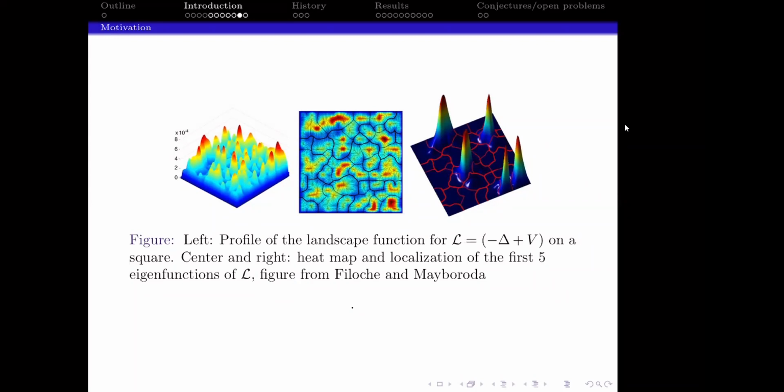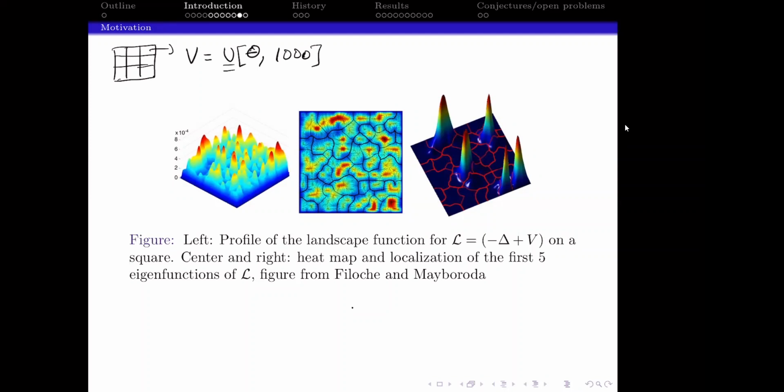So this is a picture where they have taken a square. Let me briefly tell you what they have done. You take a square and you break it into a large number of subsquares, let's say 100,000 or whatever. V is chosen to be piecewise constant, constant on each square. The way that they choose it, V is a uniform random variable, uniform on 0 to some large number.